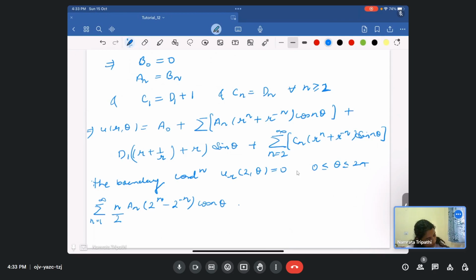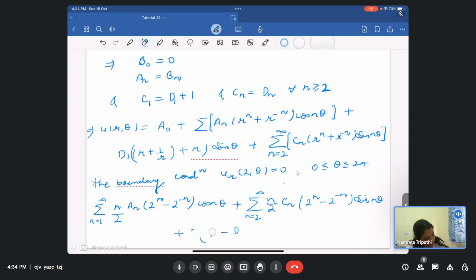and this is the constant term d1 into, so first of all I'm writing the series cn (2^n minus 2^(-n)) sin n theta, where n is from 2 to infinity, and the differentiation for d1 gives d1 minus d1 upon r square.